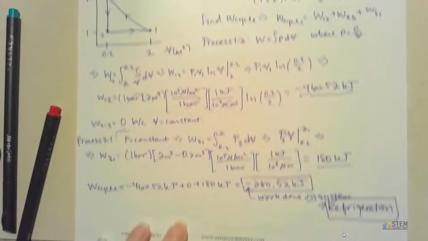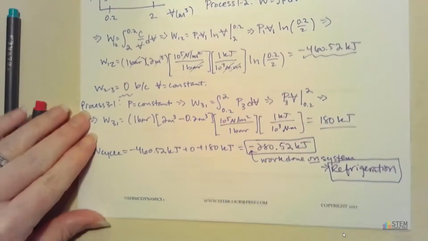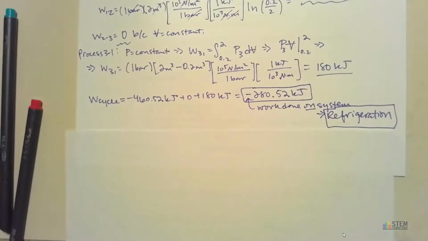Okay, so now we know that. Now the next part is to find the heat transfer for process 2-3. Let's move this up a little bit. I'm going to have to get another piece of paper here.